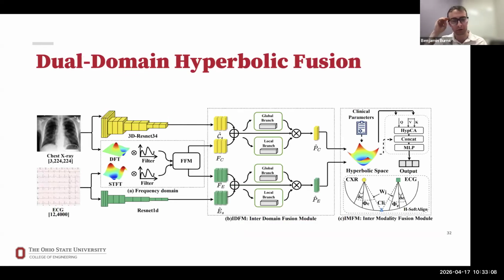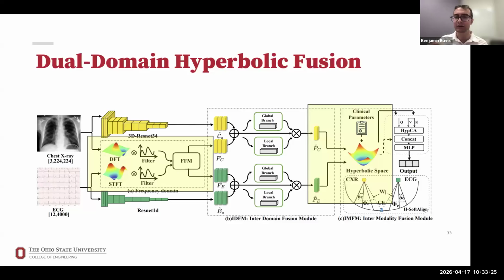And the way that we try to develop a model that can take advantage of the relationships between these modalities is what we call dual domain hyperbolic fusion. And this is another very complicated diagram. So I'm going to pull out what I believe are the key ideas behind our method.